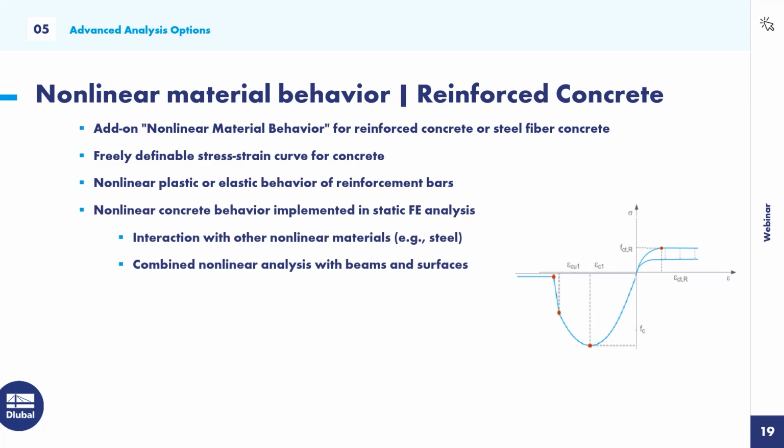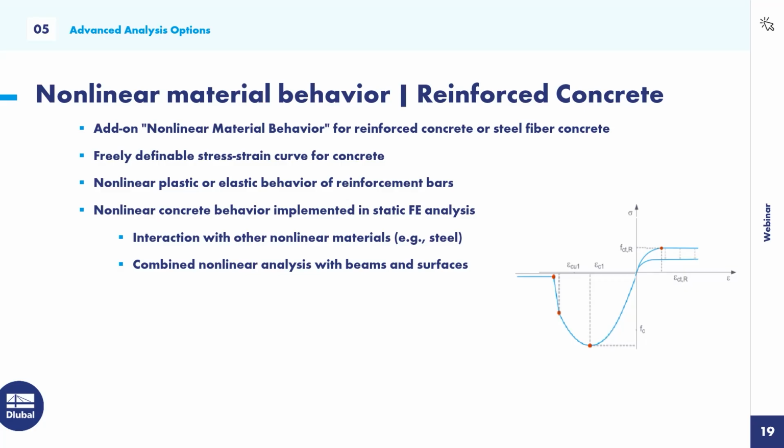And the nonlinear calculation is implemented now in the main calculation, in the static finite element analysis, and also in the main program. It is not in the add-on for surfaces or members. So it's really in the main finite element analysis, and so you are able to interact with other nonlinear materials, for example, for steel, masonry, and so on.